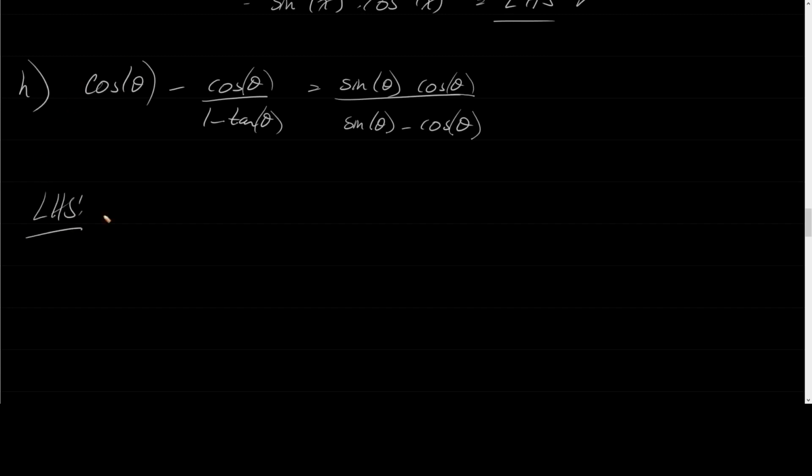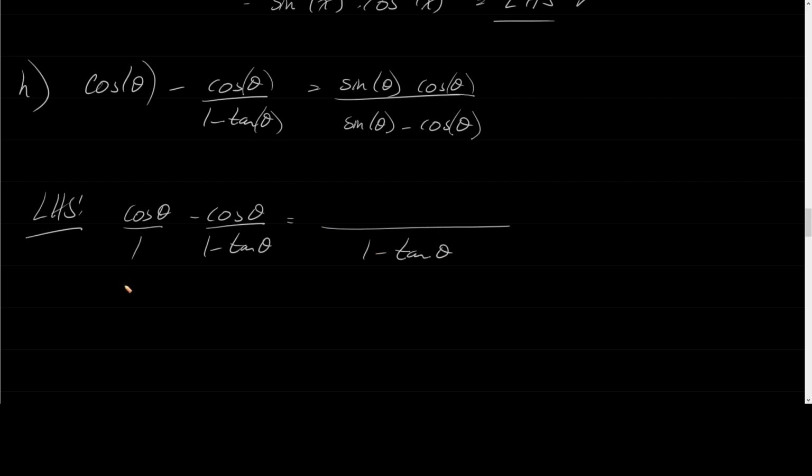So I start with the left-hand side, and I've got cosine theta minus cosine theta over 1 minus tan theta. All right. Now, what can we do here? Before I rewrite that tangent, I'm going to come up with a common denominator, the common denominator being 1 minus tangent.